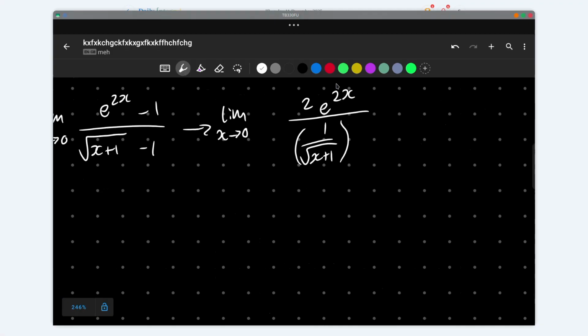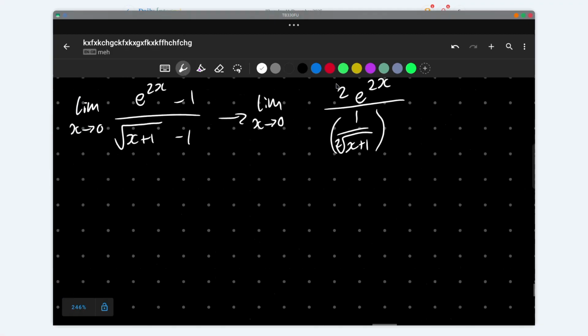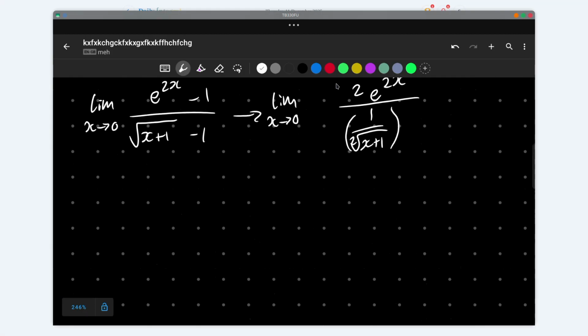I hope. That would be the 2 here. Yeah. You bring down the power, differentiate inside. Yeah, okay.